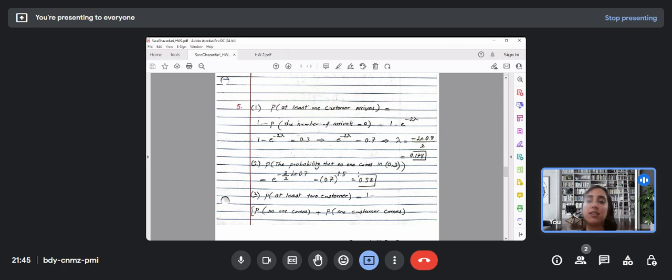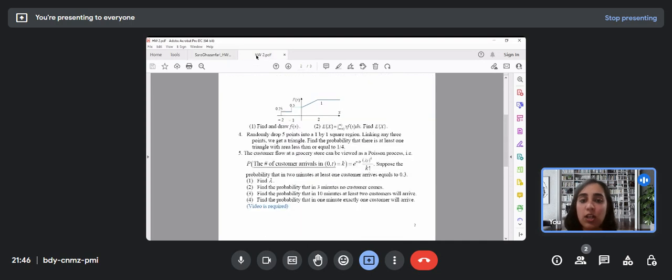In my answer you can see that I have written 1 minus this probability. If we look at this part, we have k, which is 0, and t, which is 2.